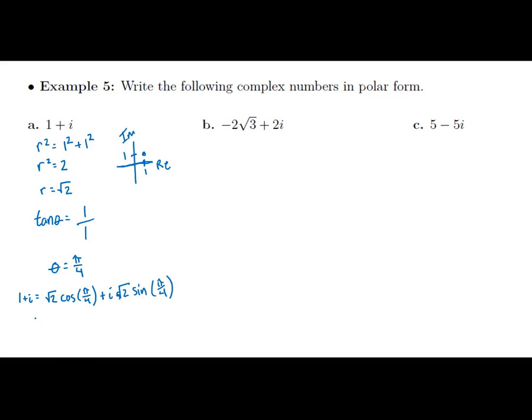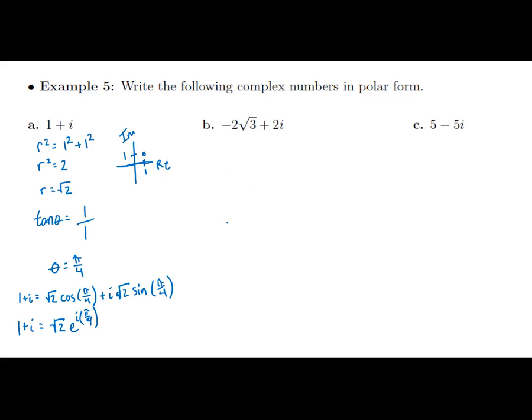But then using Euler's formula, 1 plus i is just equal to square root of 2 e to the i times theta, which is pi over 4. And so for these other 2 examples, I'm just going to write it using Euler's formula because you can see how nice and compact this is.